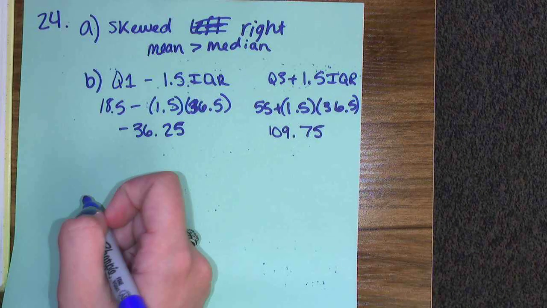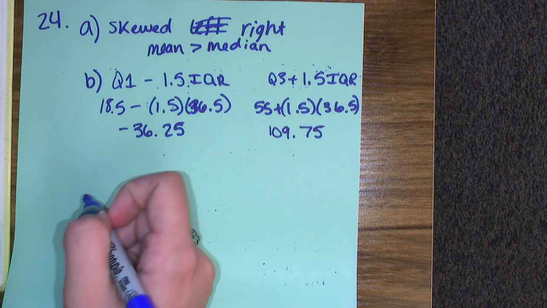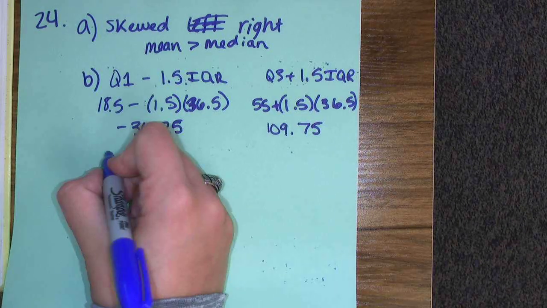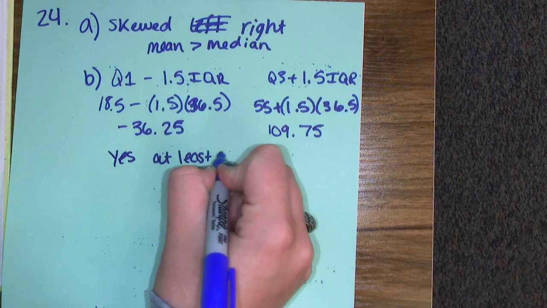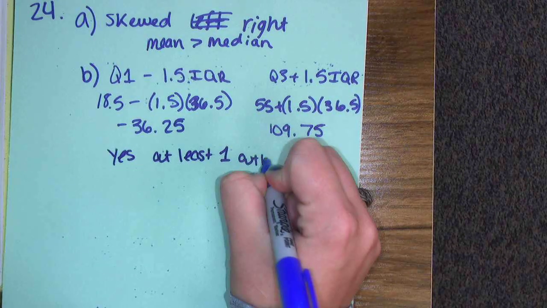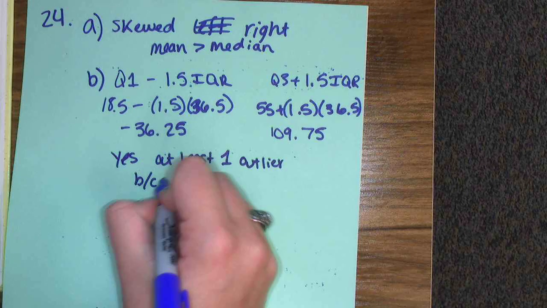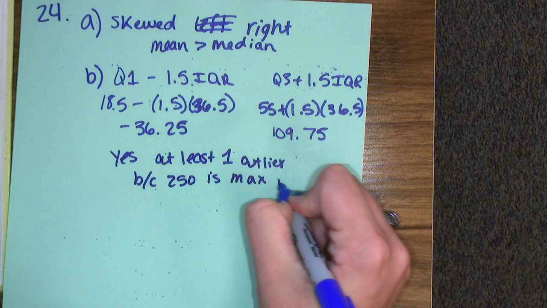What is our max? Okay, so yes, we have an outlier. There's at least one outlier, because 250 is the max, which is outside of the fences.